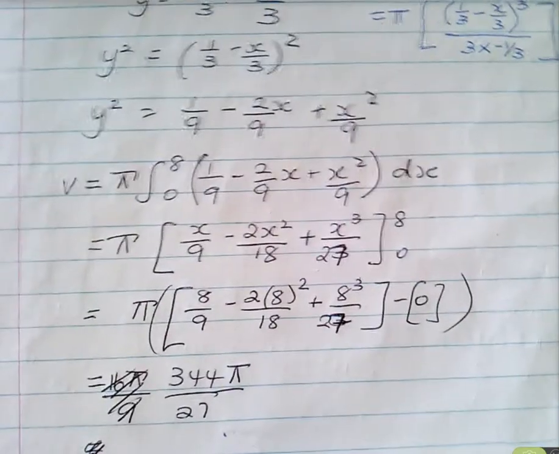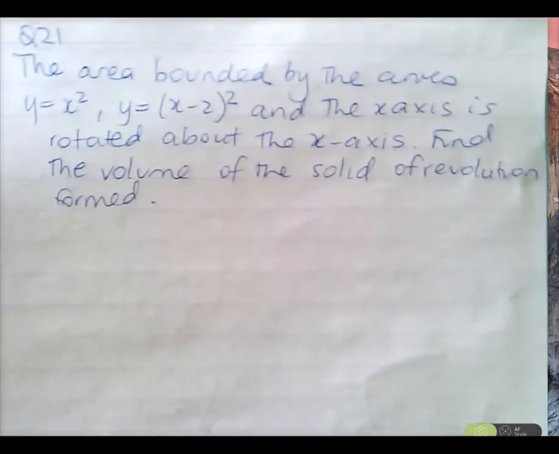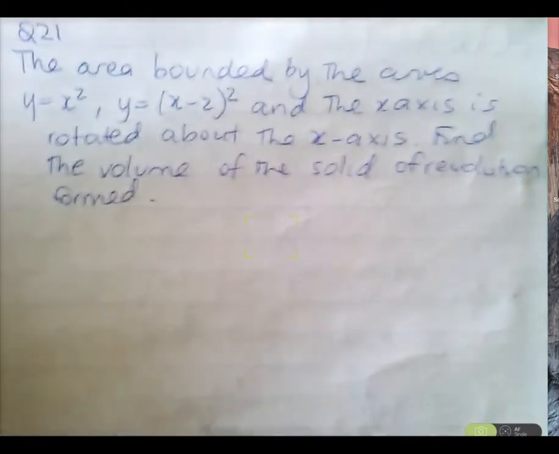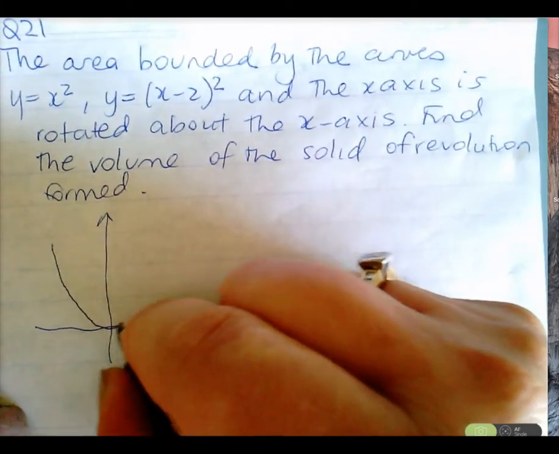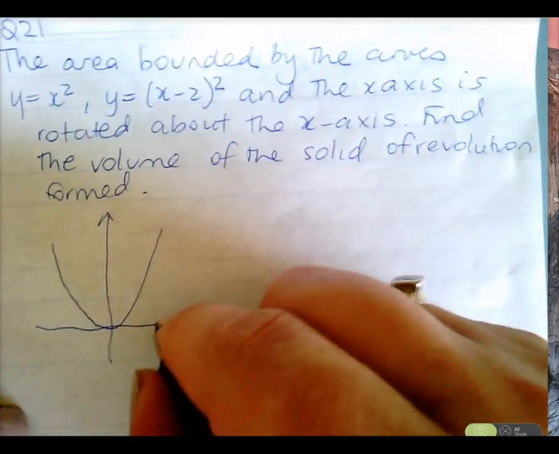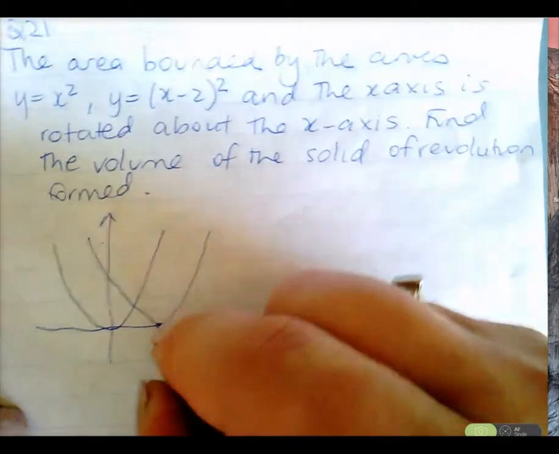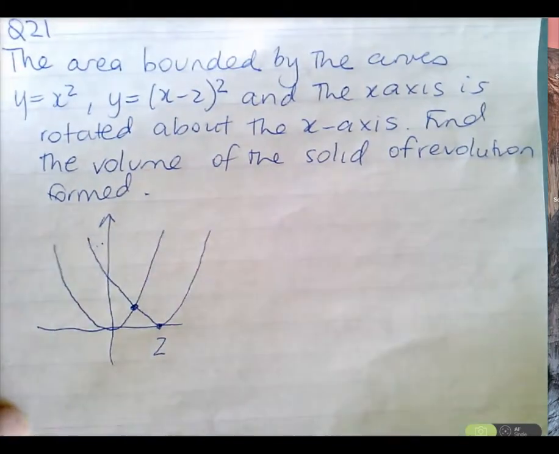All right? Next question is 21, exercise 3.9, the area bounded by those curves and the x-axis. So that's how you know what you're doing. So you've got y equals x squared like this. y equals x minus 2 squared is like this at 2. Point of intersection, you can just do a table of values.